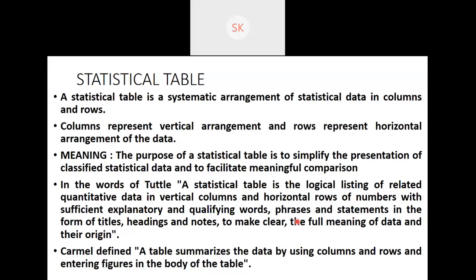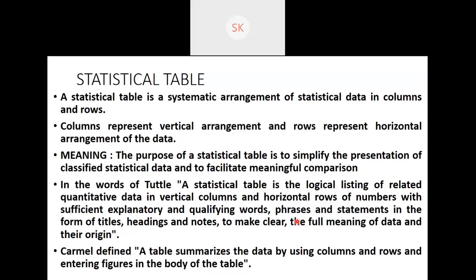Like I always told you, you will have to give a heading to every table, like calculation of arithmetic mean, calculation of standard deviation, calculation of mean deviation. Every table compulsorily must have a heading. Without a heading, if you draw a table and solve the problem, you will still not get complete marks in examinations, because the examiner will not know what you're calculating.